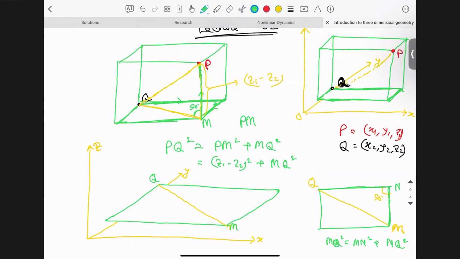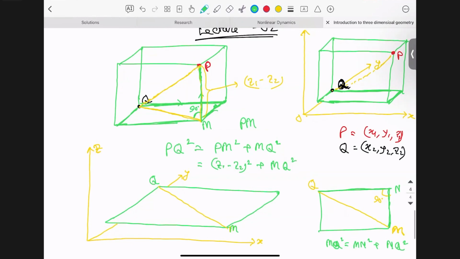Now from this figure, we know what the length is. This length is how much distance we need to cover extra along the x axis to go to P. So this distance is nothing but x1 minus x2. Here also this will be x1 minus x2.